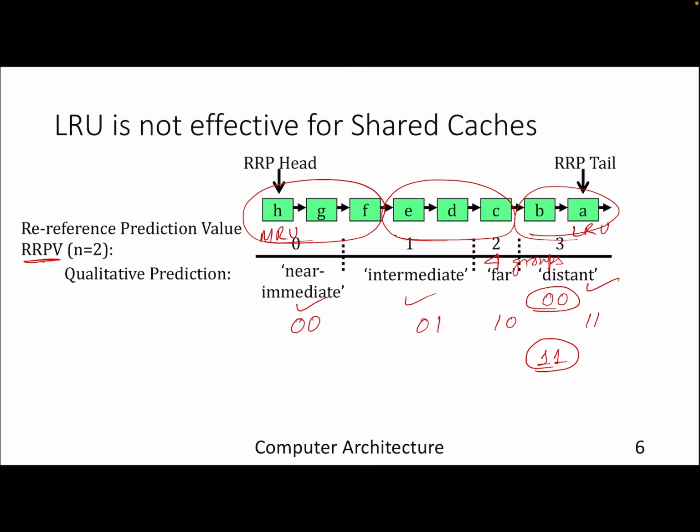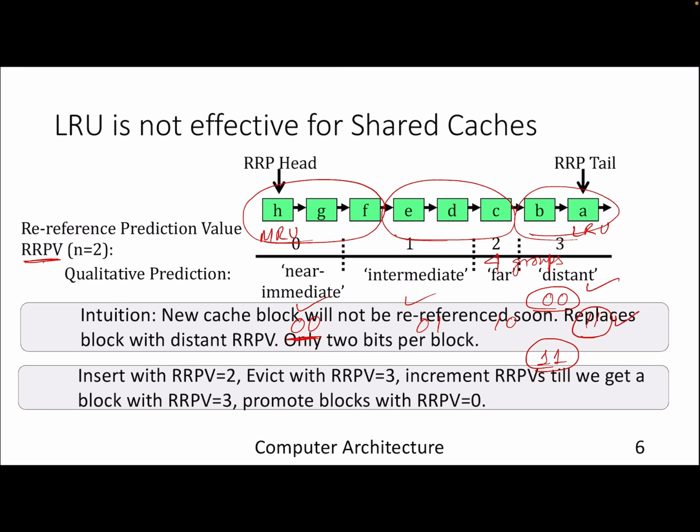So for an RRPV of 2 bits, you will have 4 values, and on a miss, you will evict one of the blocks that has the value 11, right? The beauty of this policy is, irrespective of your associativity, the storage overhead is constant. You need just 2 bits per block, right? Even if you go for a 16-way associative cache, you don't need 4 bits per block, right?